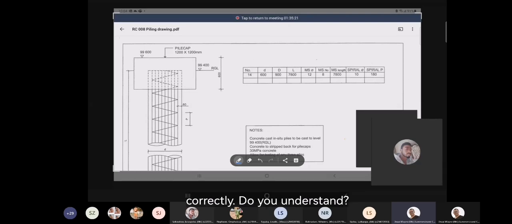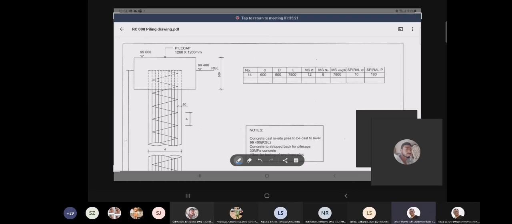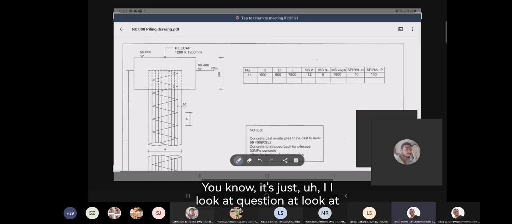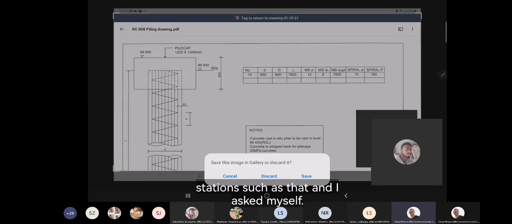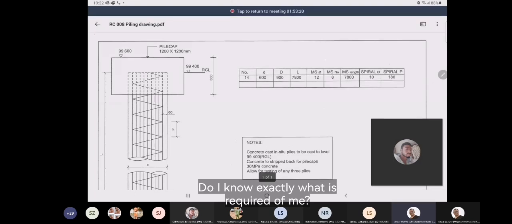Do we understand the importance of finding all the information that is required? When I look at sections such as that, I ask myself, do I know exactly what is required of me?